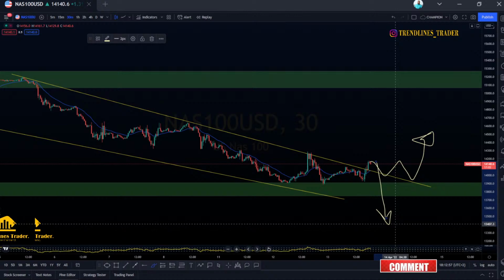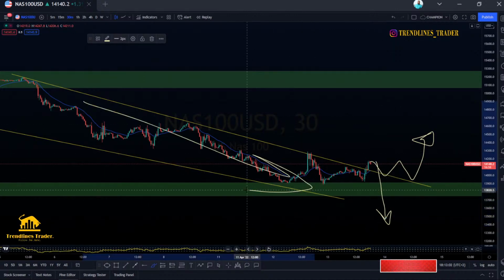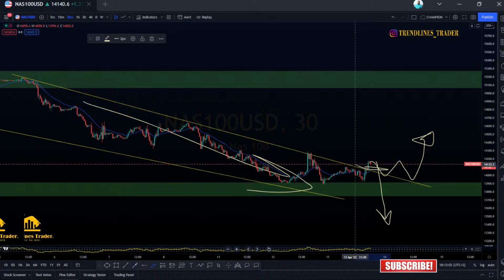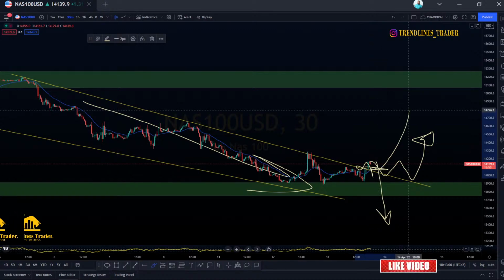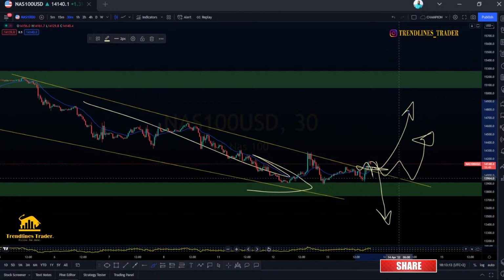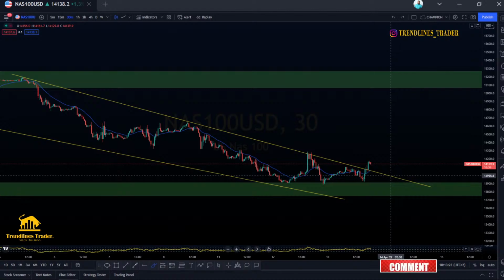I'm not saying that if it breaks out of this bearish trend, it is official that we are going towards the upside. It usually happens, but sometimes forex is risky. Trading is risky. You just have to understand that what you are doing is risky.